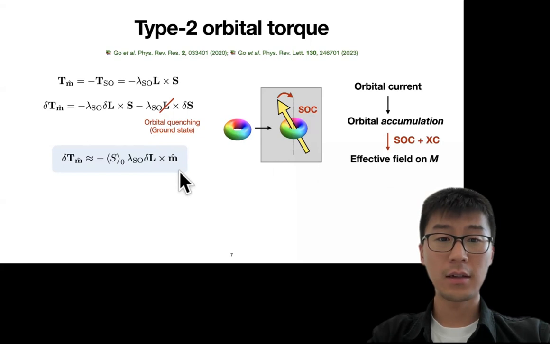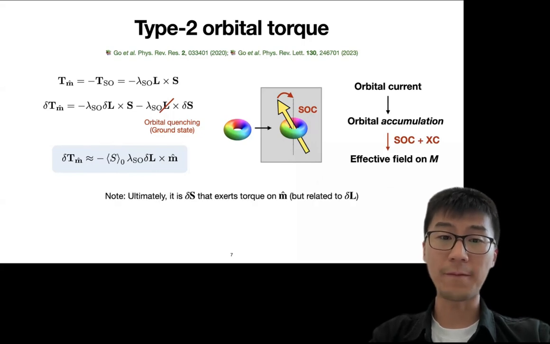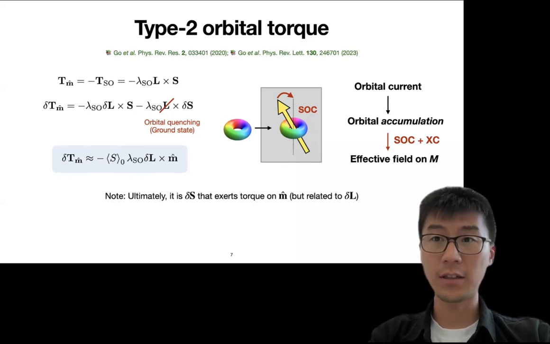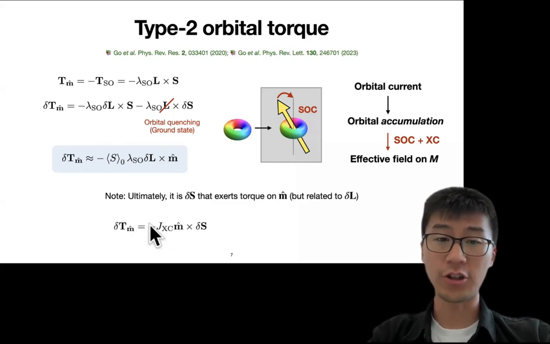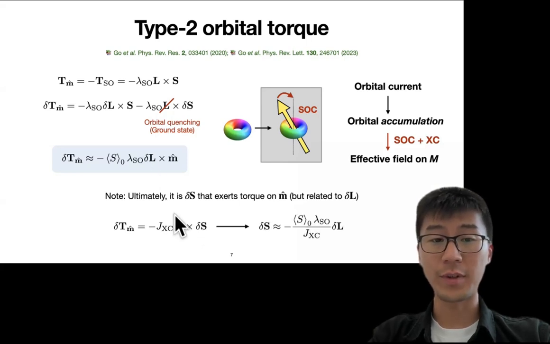And then what about the physical picture that we had of the interfacial spin accumulation? I want to emphasize that ultimately, fundamentally, the torque acting on M is coming from spin accumulation. That is due to exchange torque. This is the correct picture. However, in the steady state condition, if we assume that we have only this one exchange torque together with the spin orbital torque, these two equations should be identical.